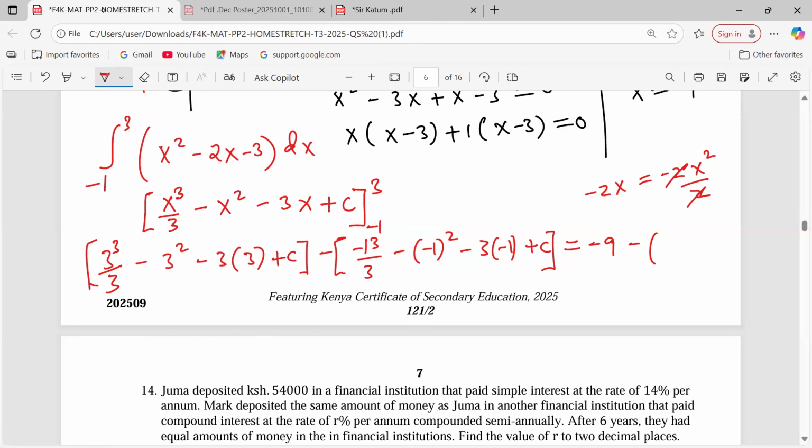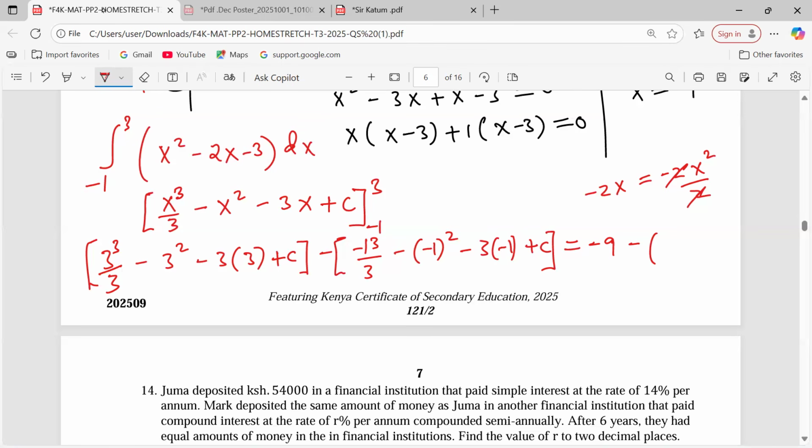-1 squared minus 3 into -1. Now this is giving a different value, but you have to be patient with my substitution. -1 cubed becomes -1.